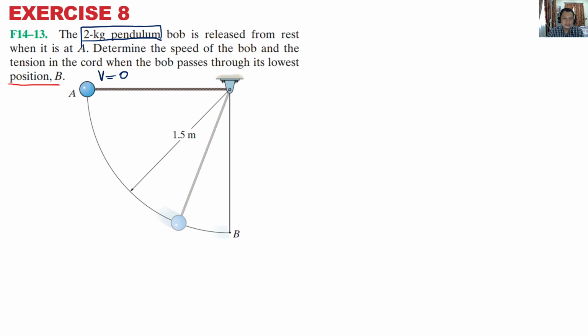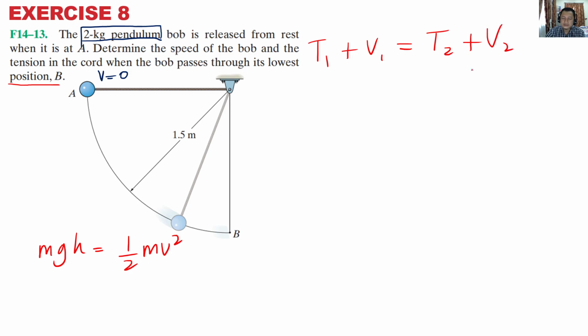I think it's the same. mgh is equal to half mv squared. I don't see any potential energy here. But if you want to do it properly, T1 plus V1 equals T2 plus V2.